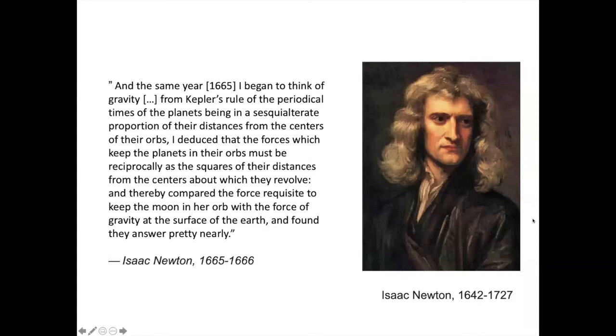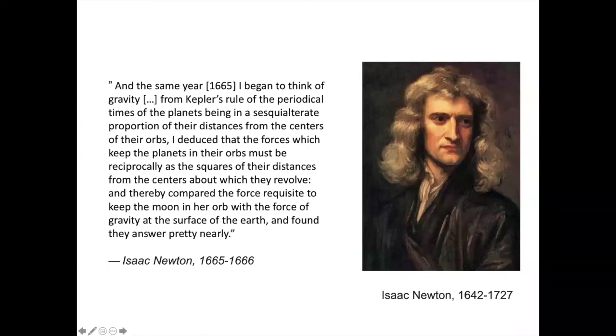So Newton wrote about this. He said, in the same year, 1665, I began to think of gravity. From Kepler's rule of the periodical times of the planets being a sesquialterate proportion. Sesquialterate only means 1.5.